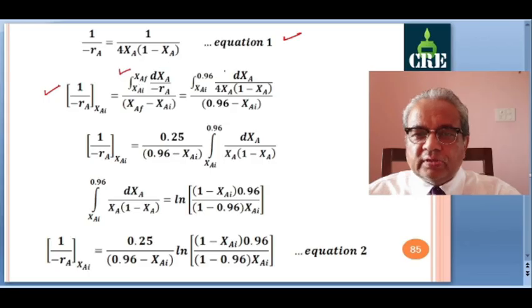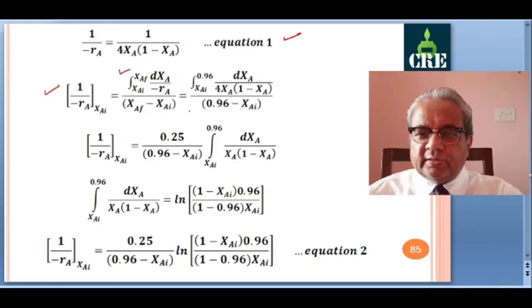XAF is 96%, so XAF is 0.96. The 1 upon 4, that is 0.25, is taken outside the integration.